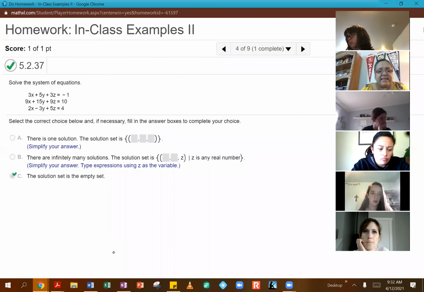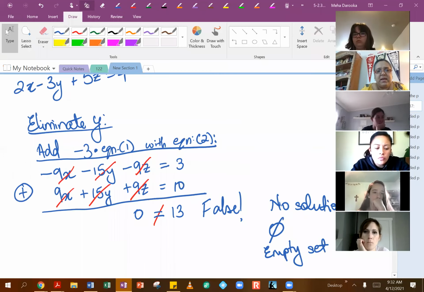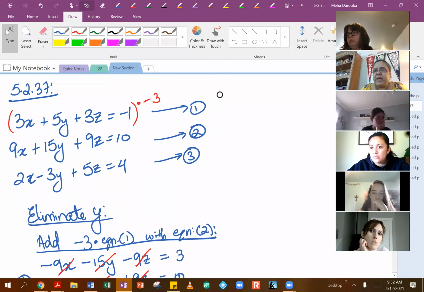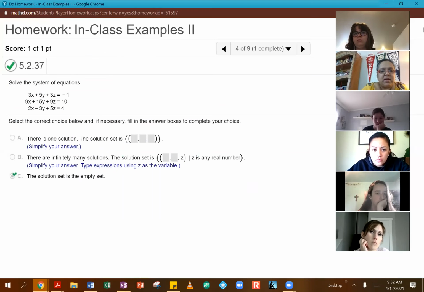And honestly, guys, this is the same thing that would have happened if instead of equations 1 and 2, we had tried to eliminate equations 2 and 3 or 1 and 3, any of those combinations, because since it's an empty set, it would not have worked out in any of those scenarios.